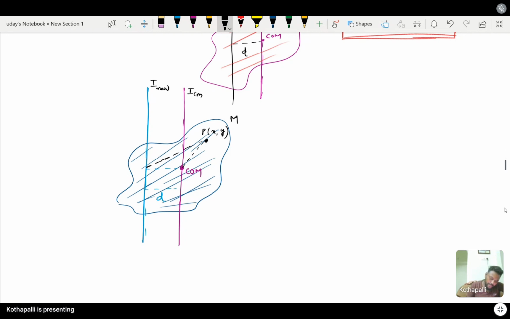Why? Because எப்பவுமே perpendicular distance from the axis of rotation. Okay, so since it is x comma y, this distance will be x, and this will be y. Let's take this is o, this is o dash.